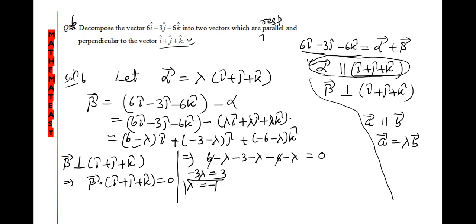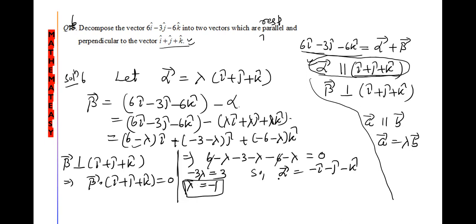Okay, so after getting lambda, you can get alpha and beta. So your alpha vector is what? Alpha vector is lambda times i plus j plus k. That means minus i minus j minus k.